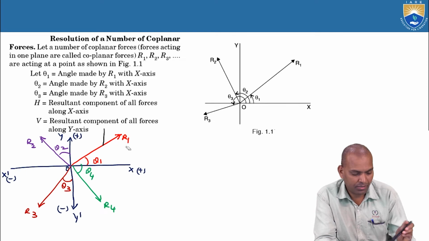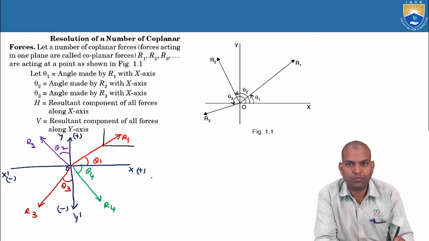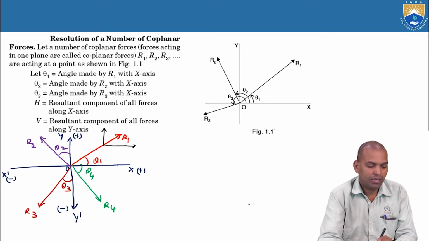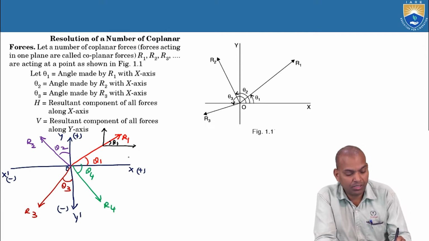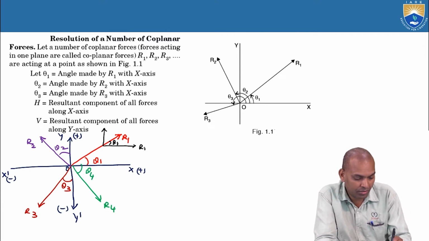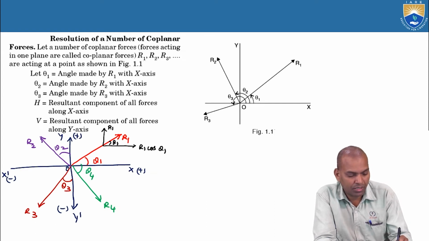This line may be drawn exactly horizontal, parallel to OX, and parallel to OY. So the angle making here is theta 1. The terms here become R1 cos theta 1 and here R1 sin theta 1.